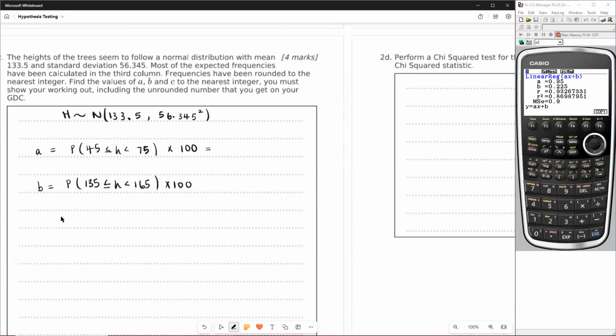And then C, we'll find by multiplying 100 by the probability that the height is between 195 and 220. This is because they say that they measured 100 trees. That's why we keep multiplying it by 100.